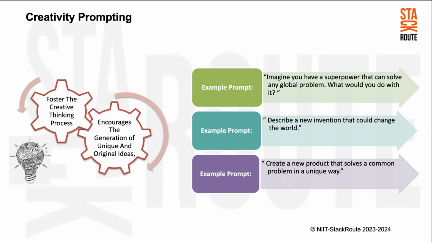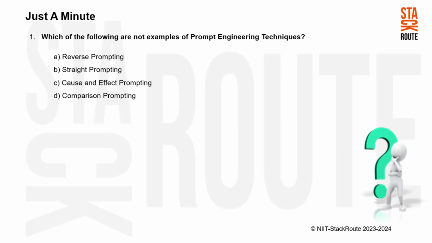And with this, let's move to the next slide, which is our questionnaire round. The first one is, which of the following are not examples of prompt engineering techniques? And the correct answer is option B, straight prompting.